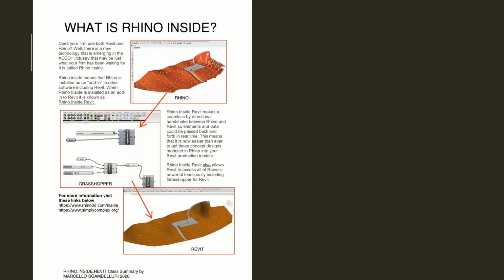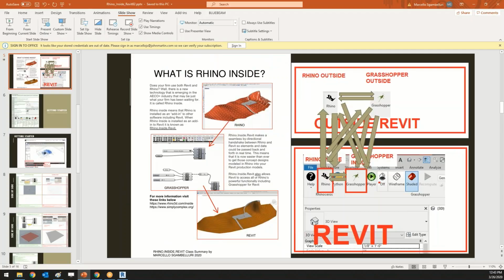What is unique about Rhino inside Revit is that it is the entire Rhino program inside of Revit, and it was developed and built by McNeel, the Rhino people. I have found this workflow, using Rhino inside Revit to transfer geometry back and forth between Revit and Rhino, to be a much more stable methodology. So that's just my comment there, although there are other solutions, and I'm putting that in quotes.